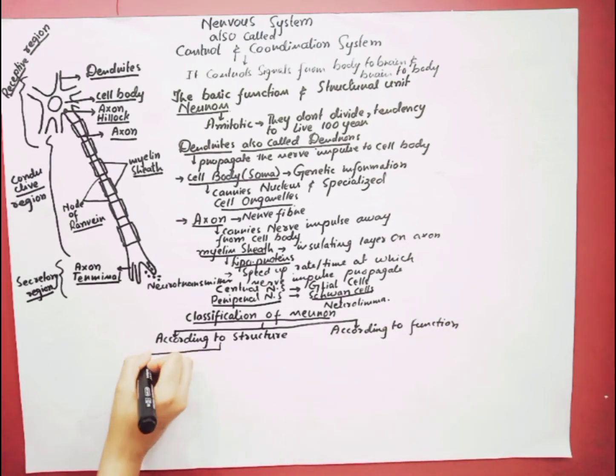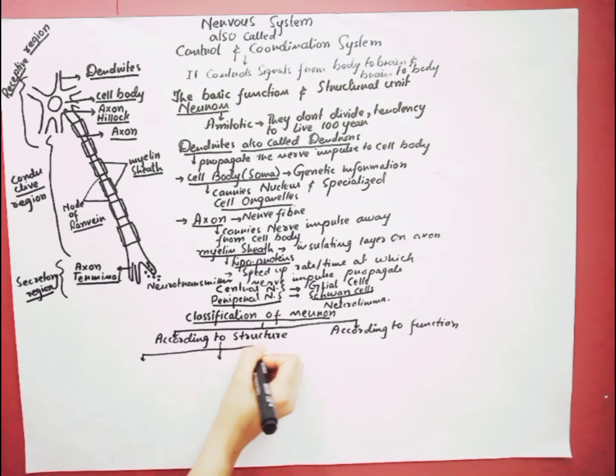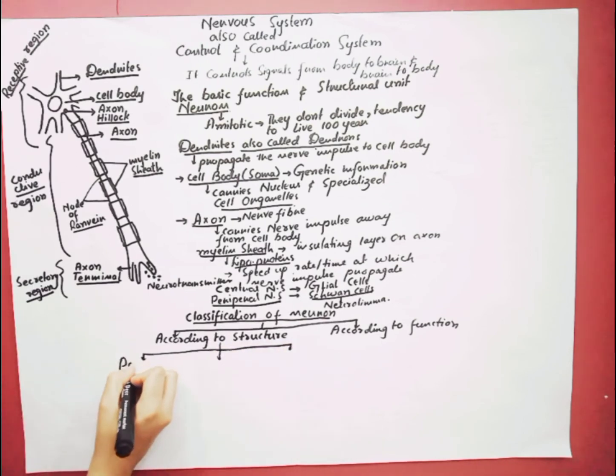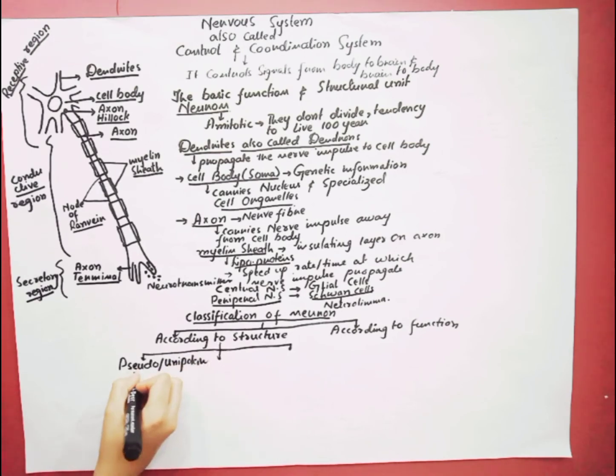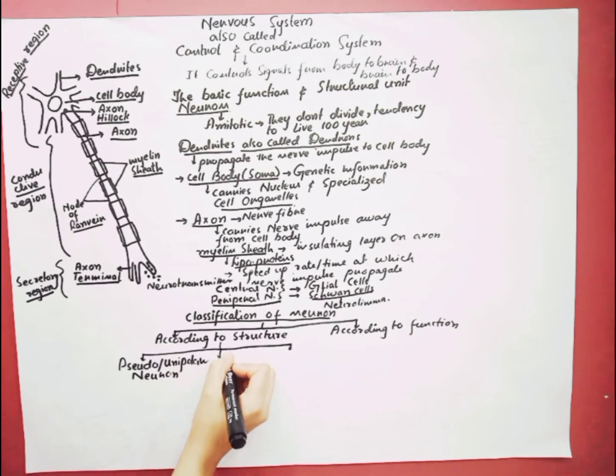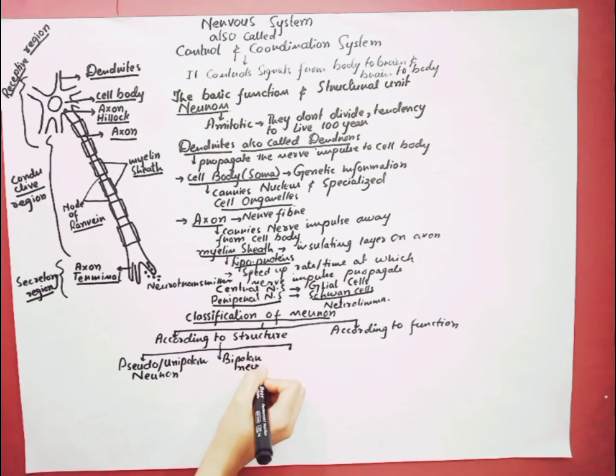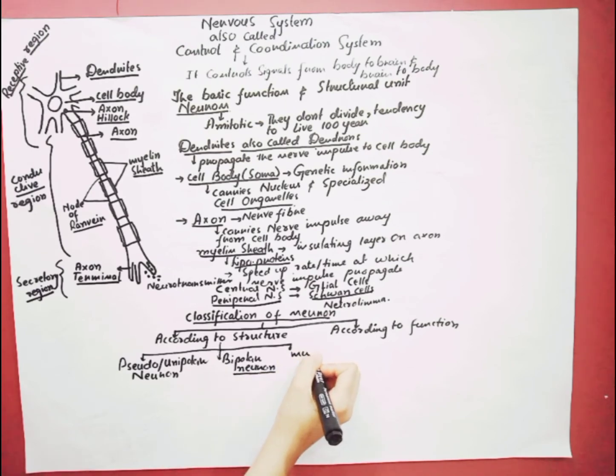According to structure, the neuron are of three types: pseudo or unipolar neuron, bipolar neuron and multipolar neuron.